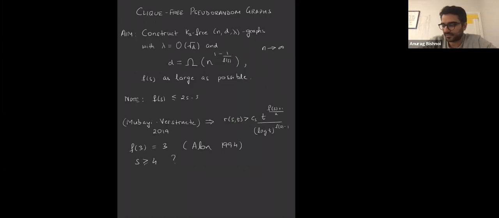That's the main problem we want to focus on. Even though our motivation is Ramsey numbers, this problem actually predates the work of Mubayi and Verstraete. It has been considered one of the central open problems in the theory of pseudorandom graphs, and it has been stated by many authors in different contexts. I believe some of the motivations are as follows.